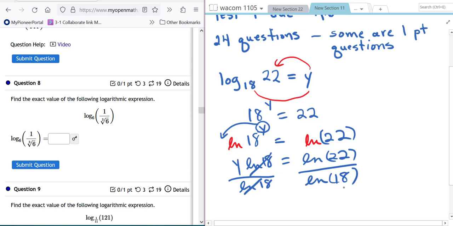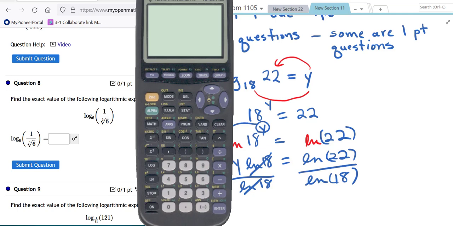And then you would put it in your calculator to get an approximation to whatever they said. So natural log of 22, just make sure you close your parentheses, divided by natural log of 18, close the parentheses, enter, and we'll say it went to 4 digits.